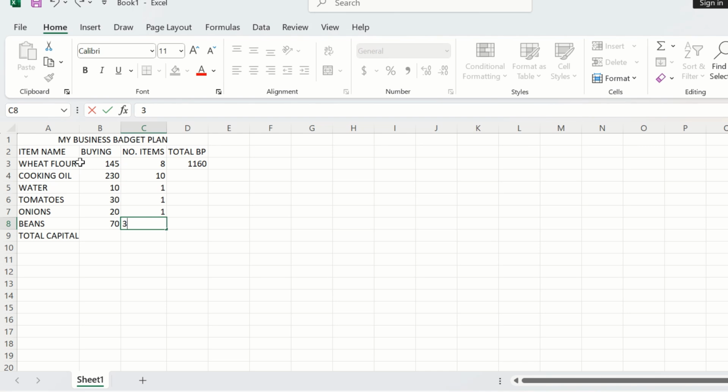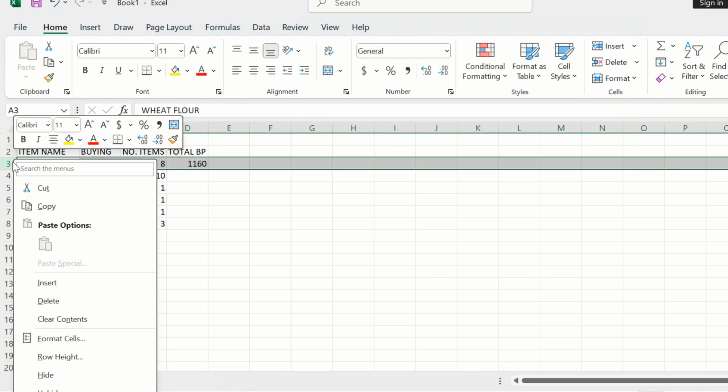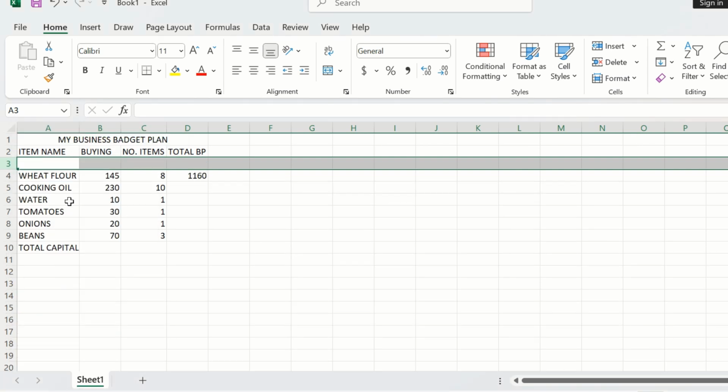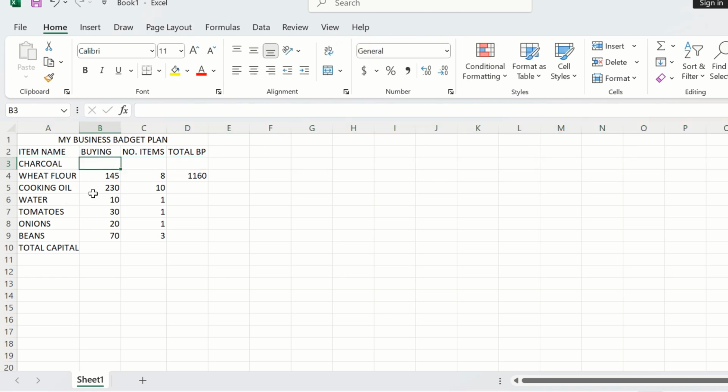You take 3 sachets, and then without forgetting the cooking material, let us include something here. So you can't get chapati without cooking, so we include charcoal as one of the items. It will cost 200 shillings. Then the number of items is just one, and then get the product of the above.